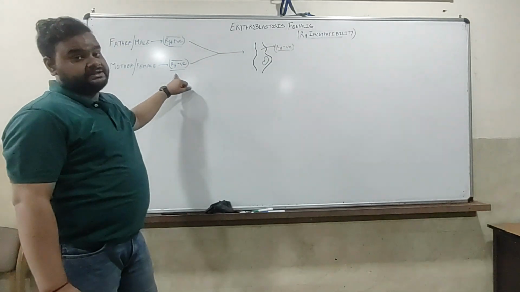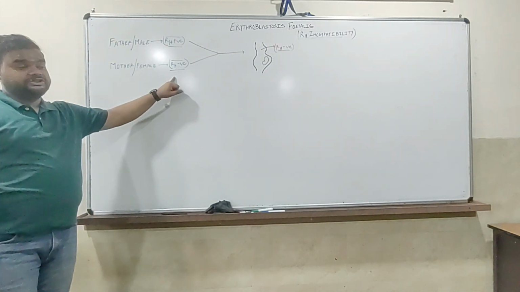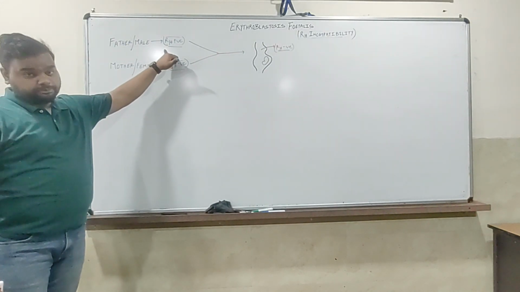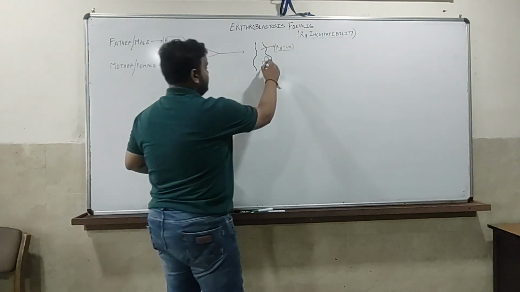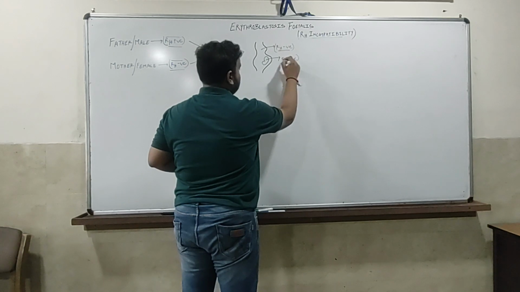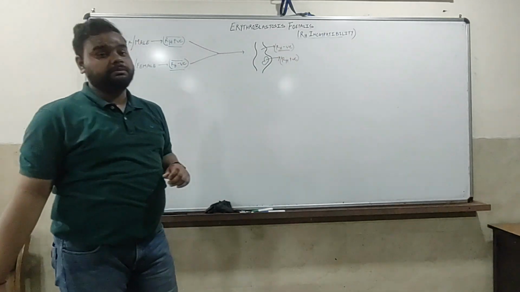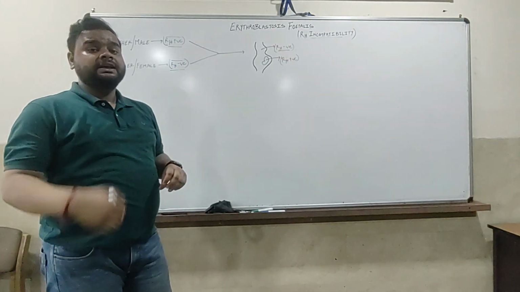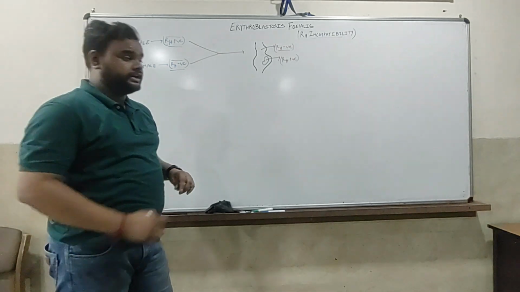So as in this case, the mother is Rh negative, the father is Rh positive, that means the fetus is Rh positive, because the Rh positive gene is dominant over the Rh negative gene.